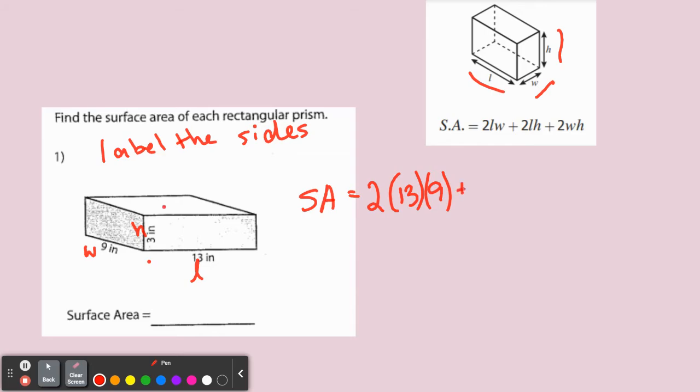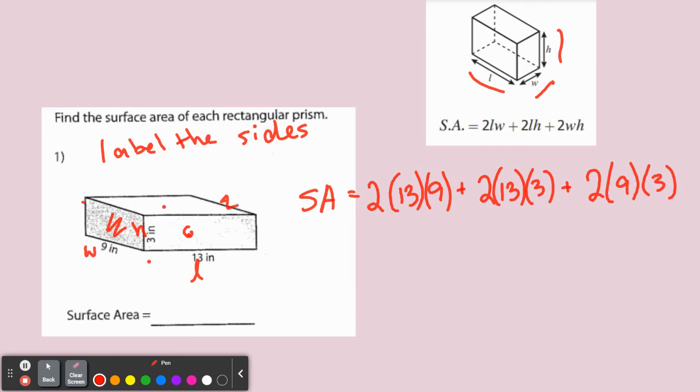And then plus 2 times the length, which is 13, times the height, which is 3, plus that will take care of the front and the back. And then the 2 times the width, which is 9, and the height, which is 3, and that will take care of this side and the back side there.